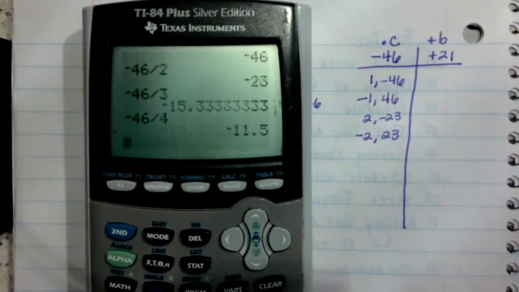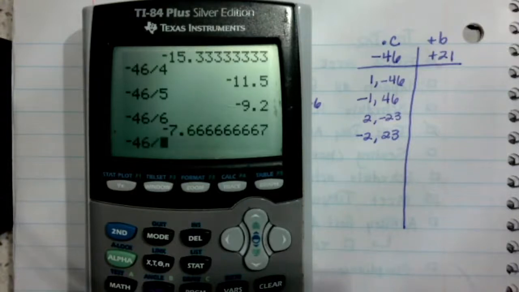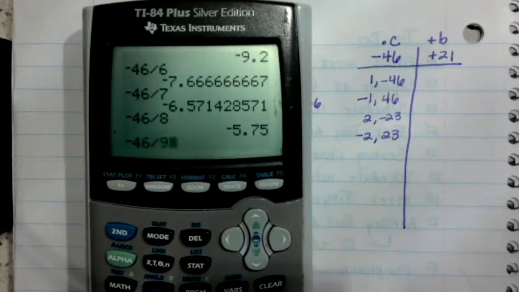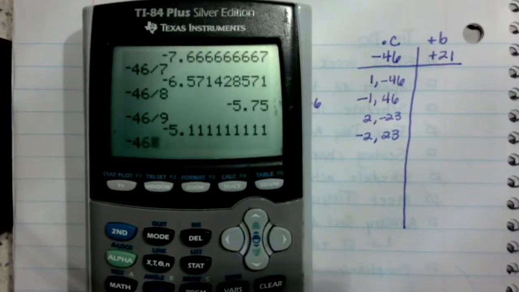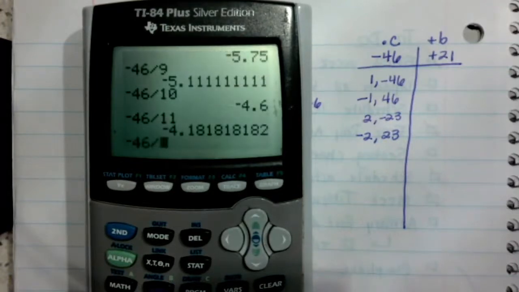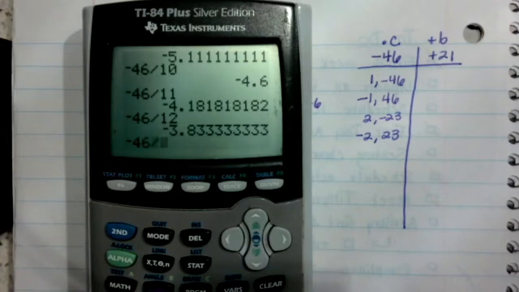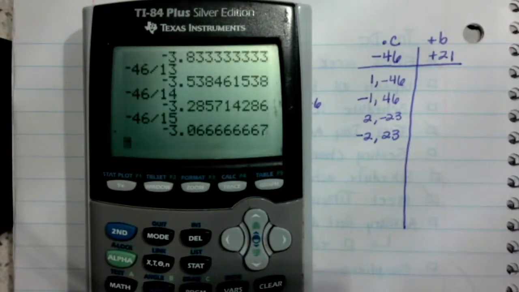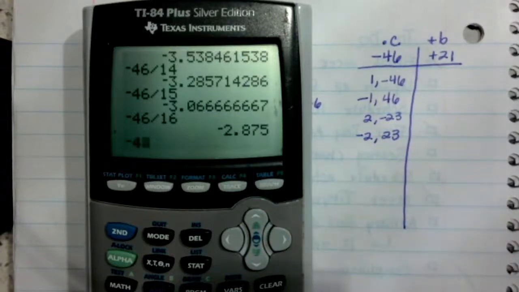Then divide by 4, divide by 5, 6, 7, 8, 9, 10, 11, 12, 13, 14, 15, 16, all the way up to 23 is basically what I'm doing.